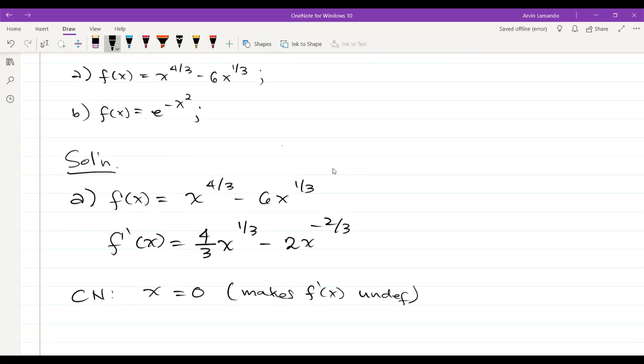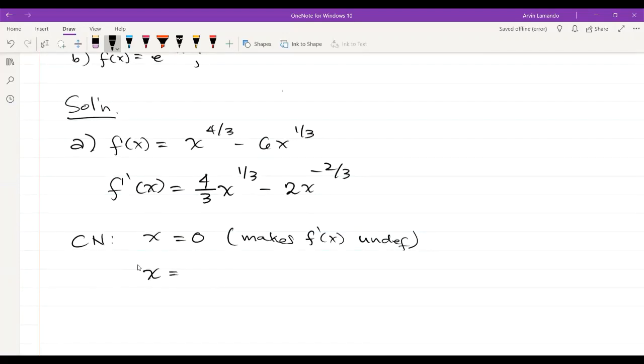Also, we should solve for the zeros of f prime. So f prime of x is 0 implies that 4/3 x raised to 1/3 is equal to 2x raised to negative 2/3.